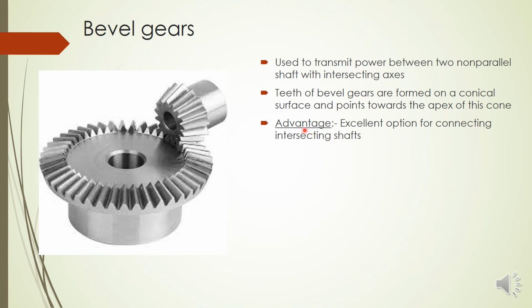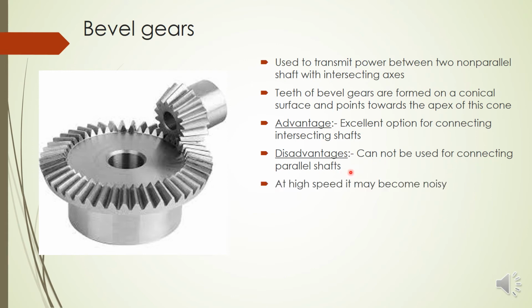An advantage is that it is the only excellent option for connecting intersecting shafts. So if you have to connect any two intersecting shafts and transmit power, the best choice is bevel gear. And a disadvantage is that it cannot be used for connecting parallel shafts.